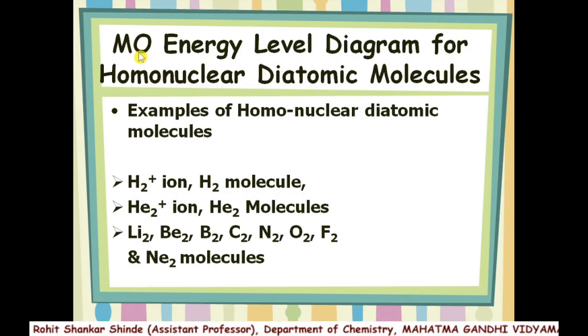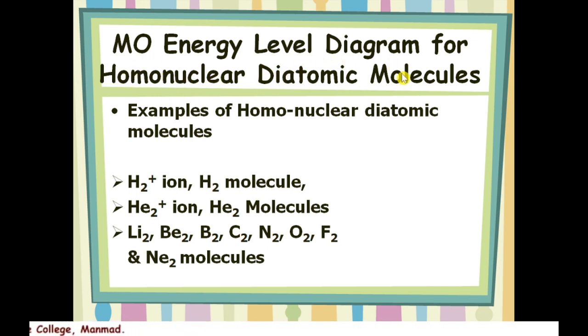Now, let us see molecular orbital energy level diagram for homonuclear diatomic molecules. Homonuclear means having similar nucleus. Diatomic molecule means molecule formed by combination of two atoms.